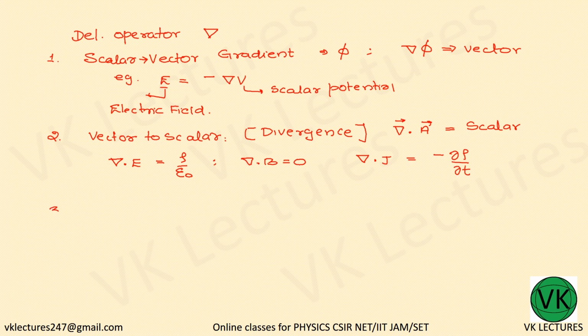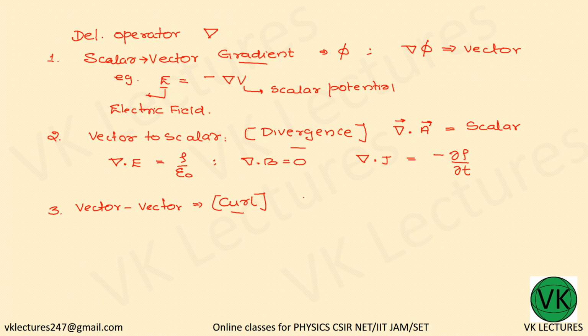Now the third one is from vector to vector. Now this is called curl. So you remember it in this way: gradient, divergence, and the curl.